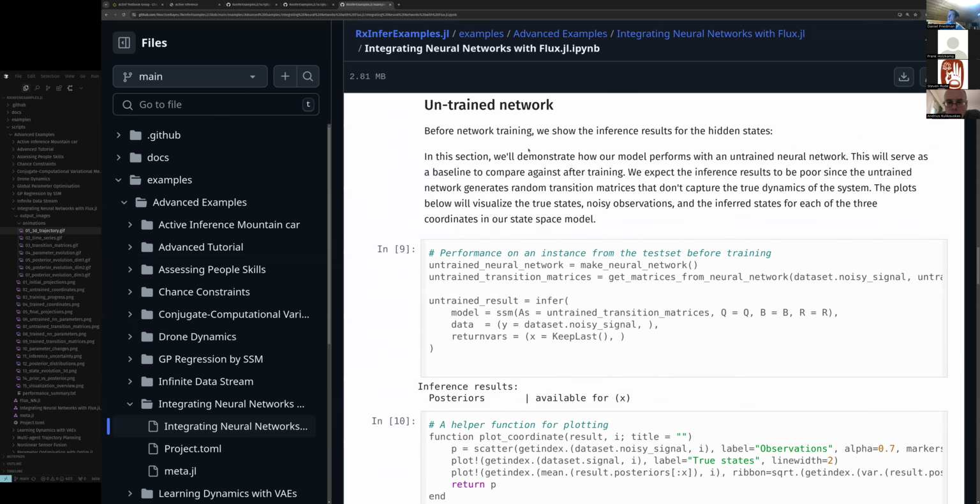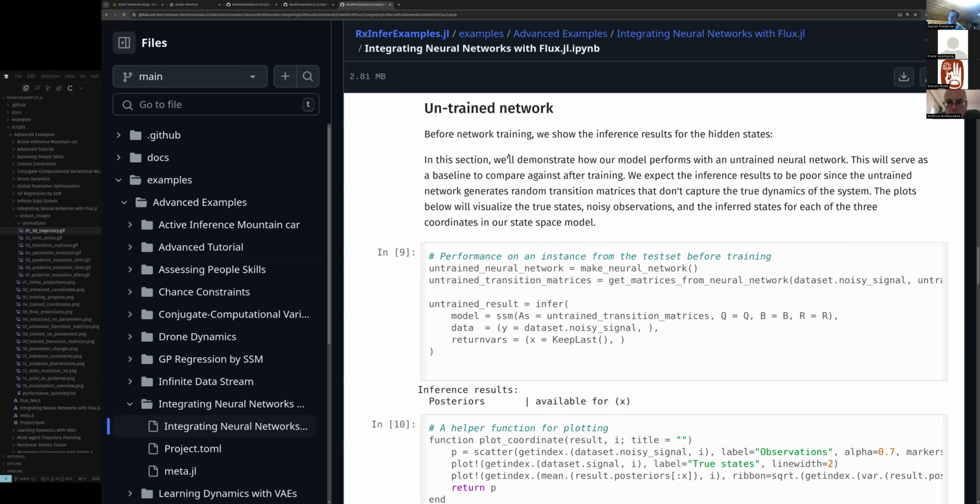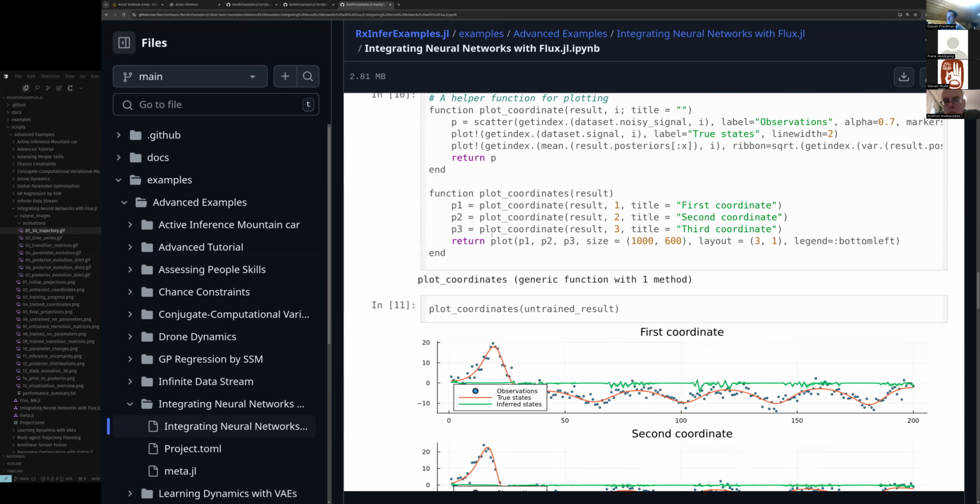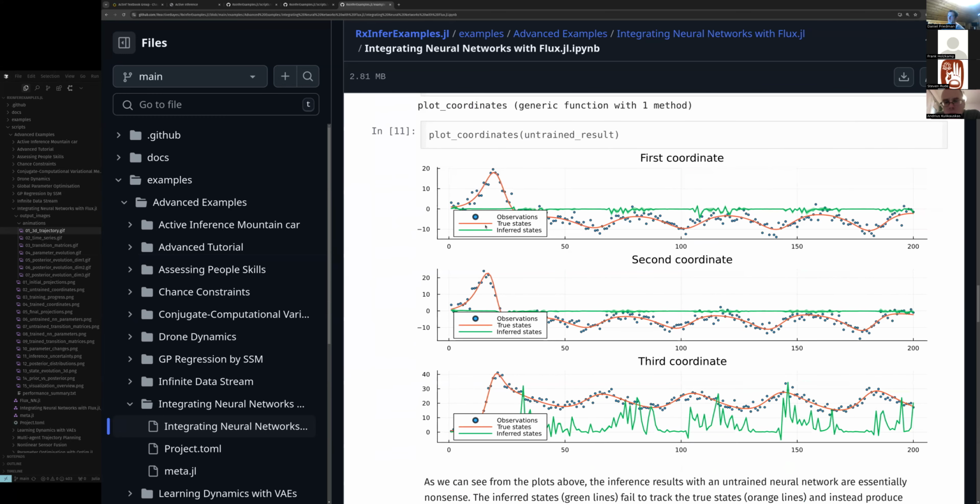First, the probabilistic model is used to extract parameters from the untrained neural network. And basically, it does terribly. The untrained neural network doesn't predict the data at all. So it was just randomly initialized. And so the probabilistic state space model, also just this green line, has nothing to do with the data.